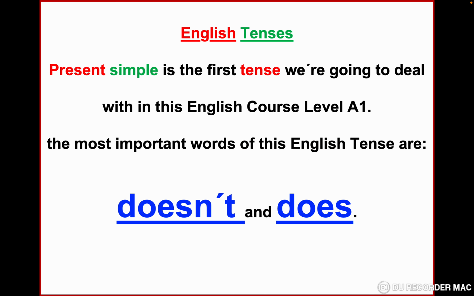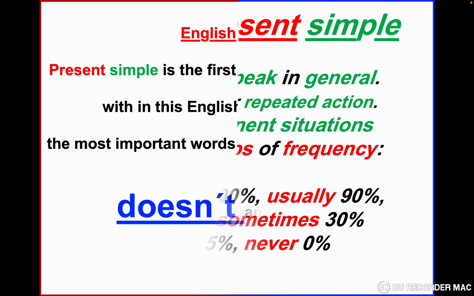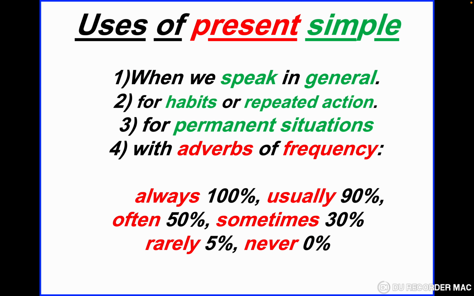English tenses. Present simple is the first tense we're going to deal with in this English course level 1 A1. The most important words of this English tense are doesn't and does. Uses of present simple.